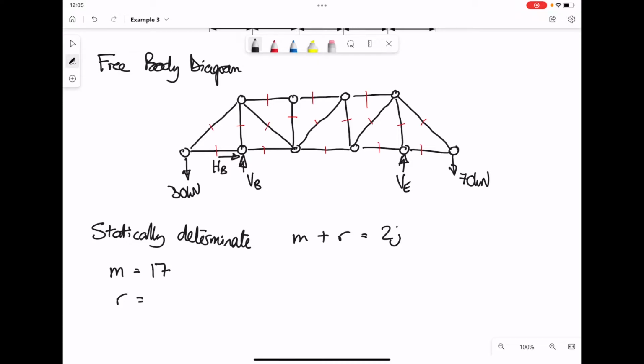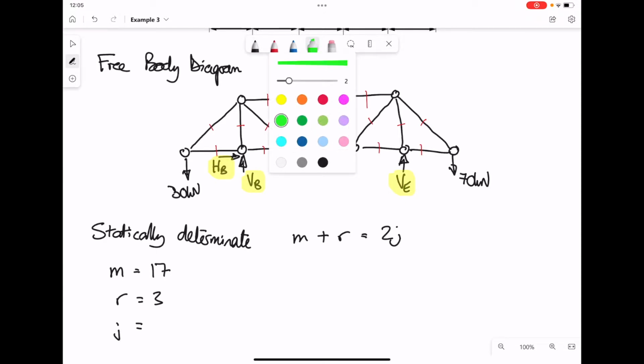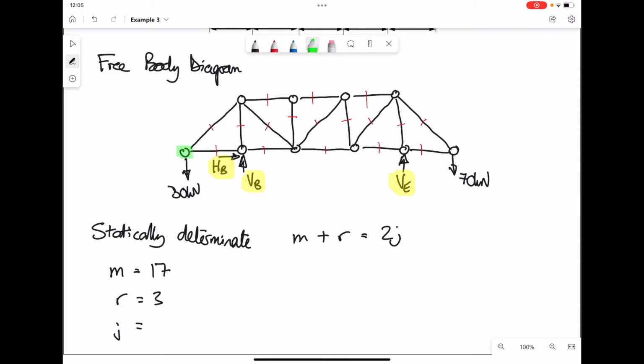Number of reaction forces we have are, we have 1, 2, 3 reaction forces. Number of joints we have 1, 2, 3, 4, 5, 6, 7, 8, 9, 10.